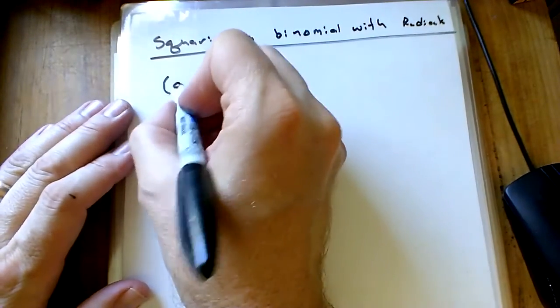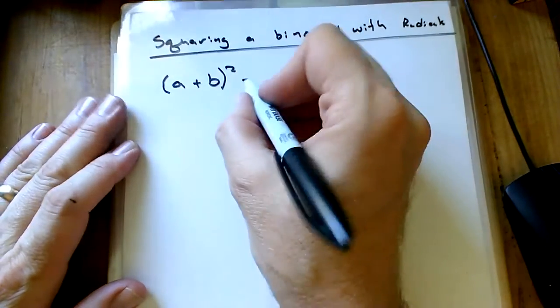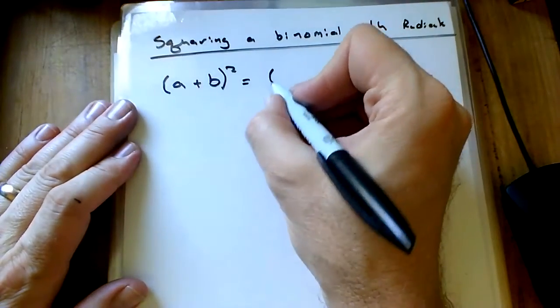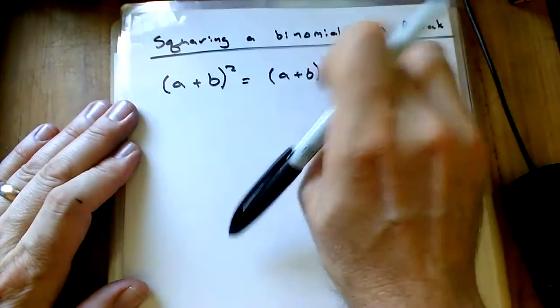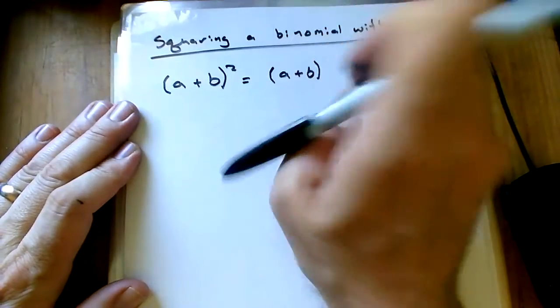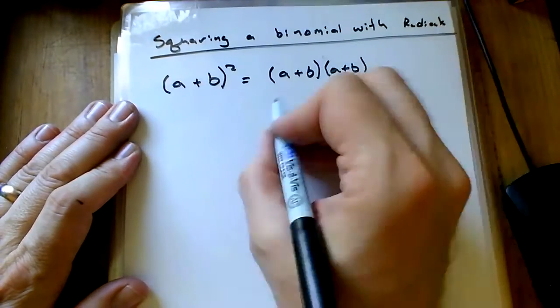Remember, anytime I've got anything squared, this actually means this is going to be a plus b times a plus b. So we're still going to need to FOIL.